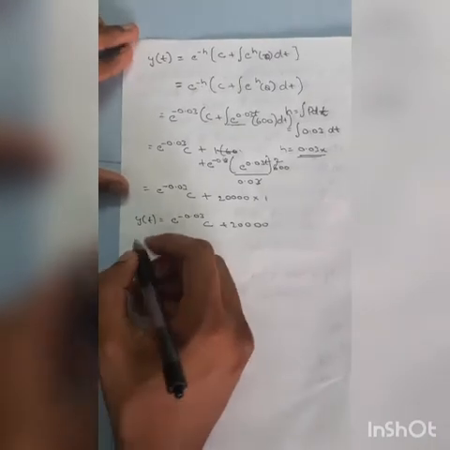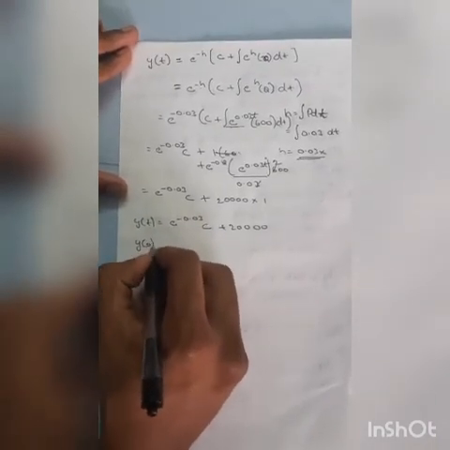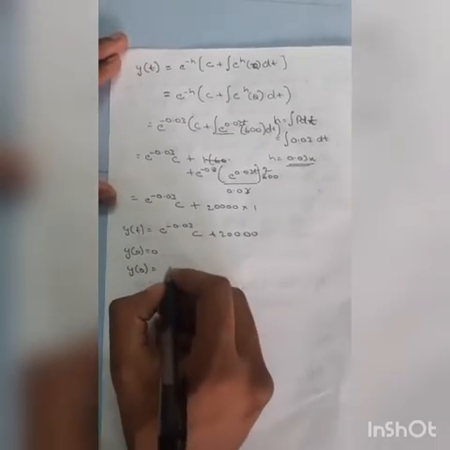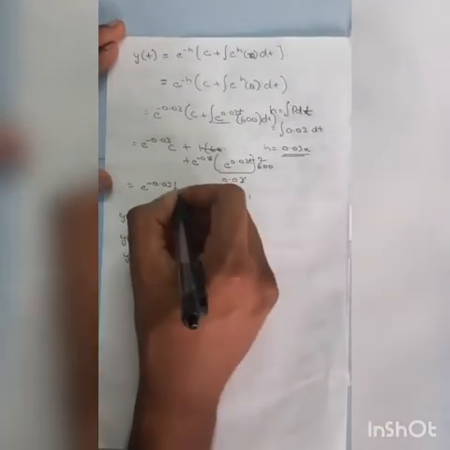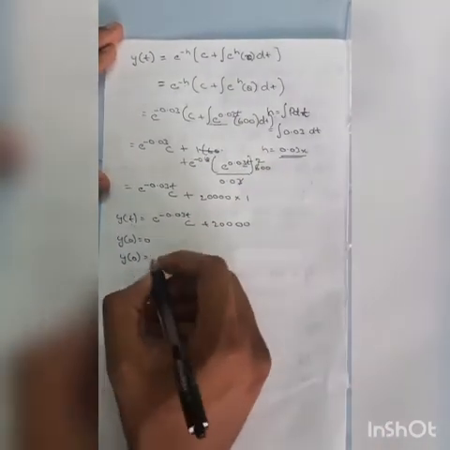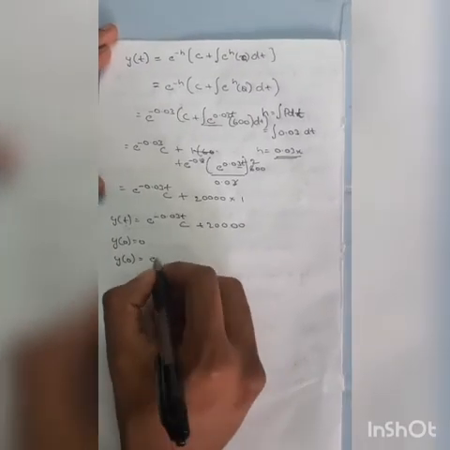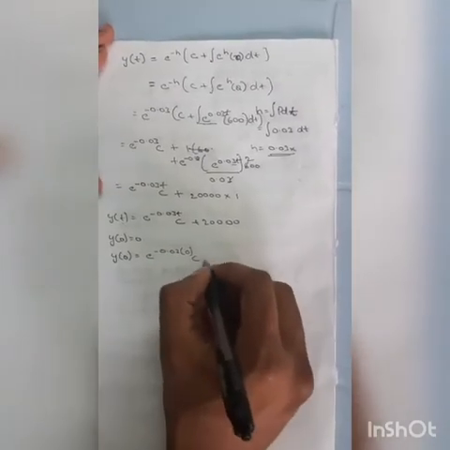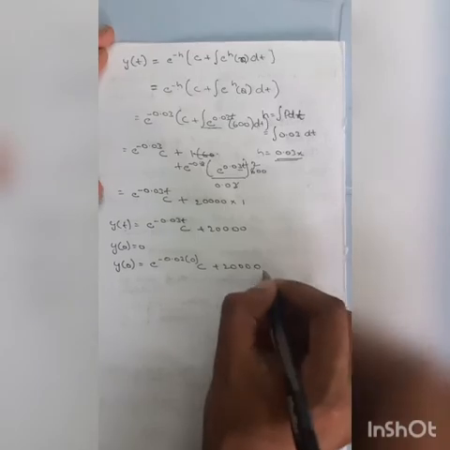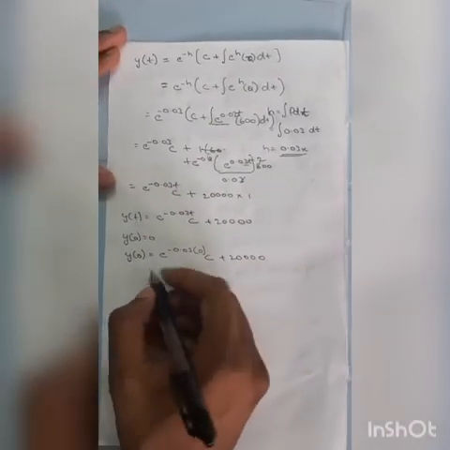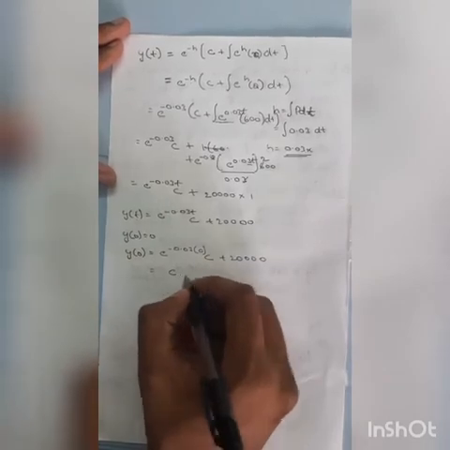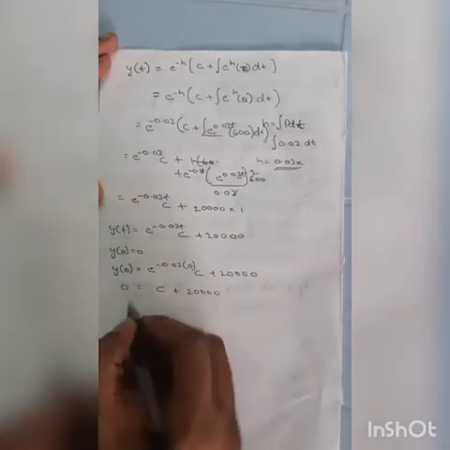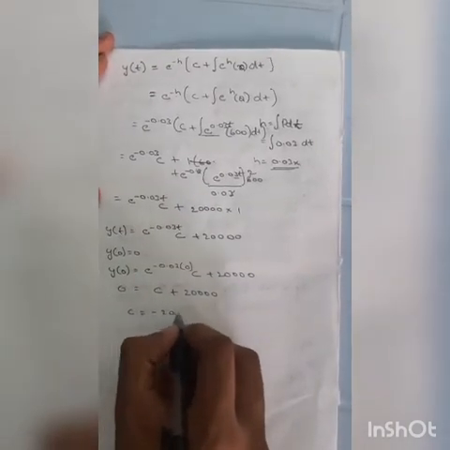We were given in the question itself that y of 0 equals 0, so I am taking t as 0. I forgot to put t here. So e to the power minus 0.03 into 0 times c plus 20,000 is y of 0, which equals 0, so c plus 20,000 equals 0, and c is equal to minus 20,000.